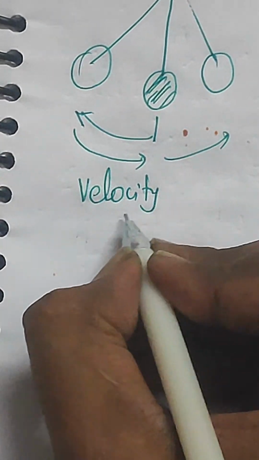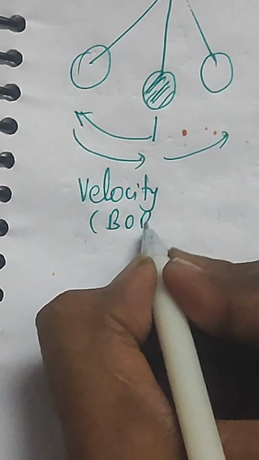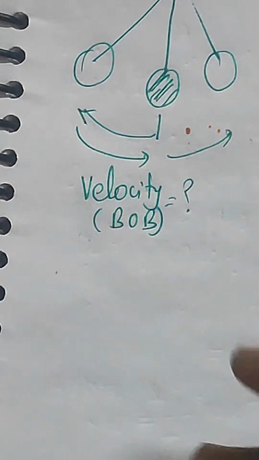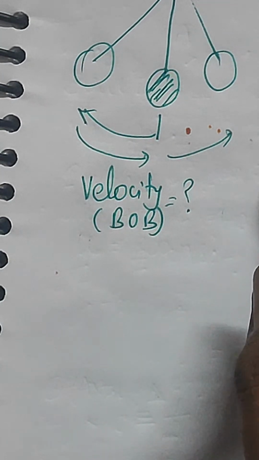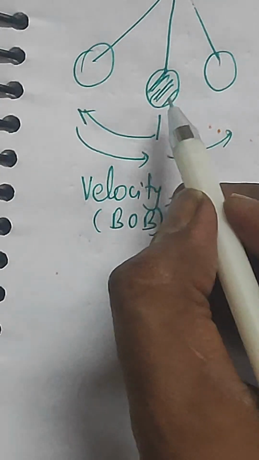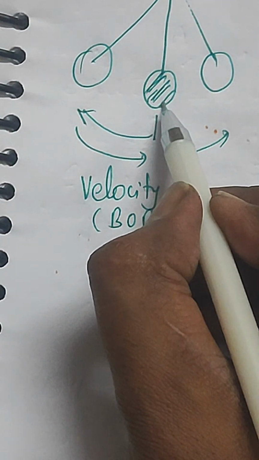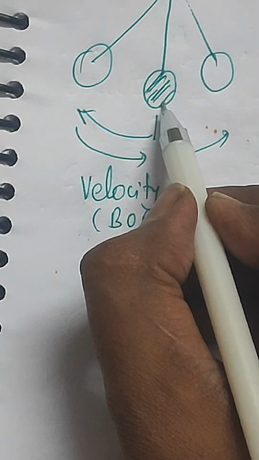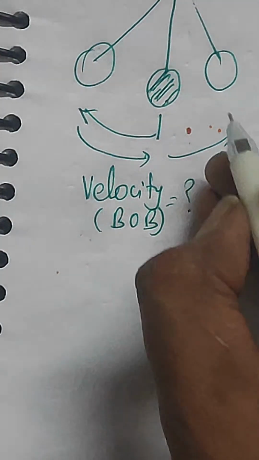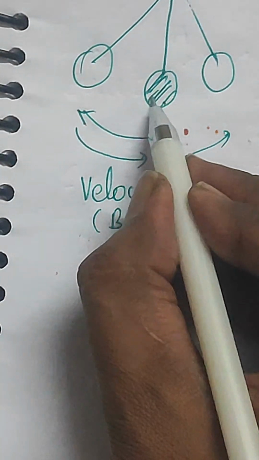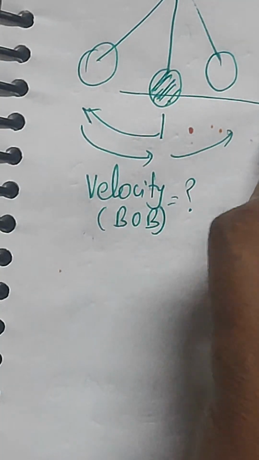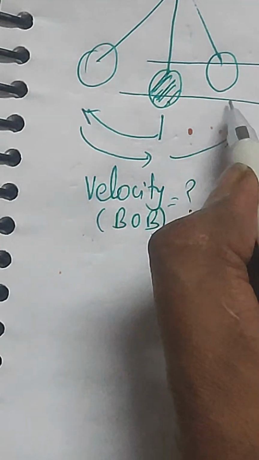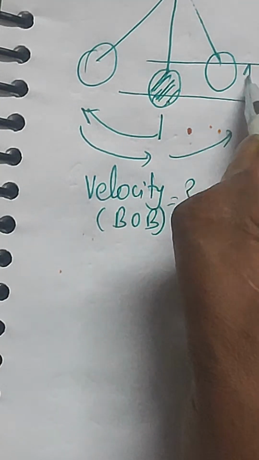The velocity of the bob needs to be calculated, and the condition given is that we need to find the velocity at its mean position if it is able to rise to a vertical height of 10 centimeter. So from the mean position, from here to here, you can see the vertical height.